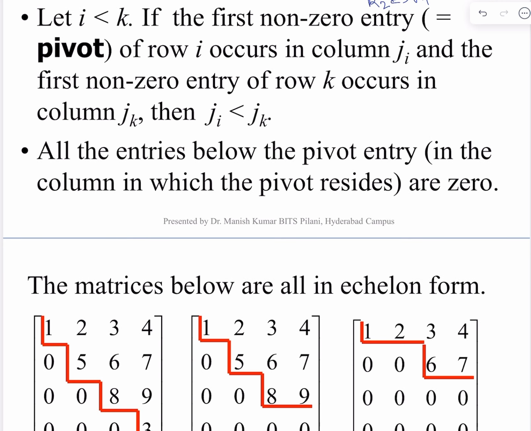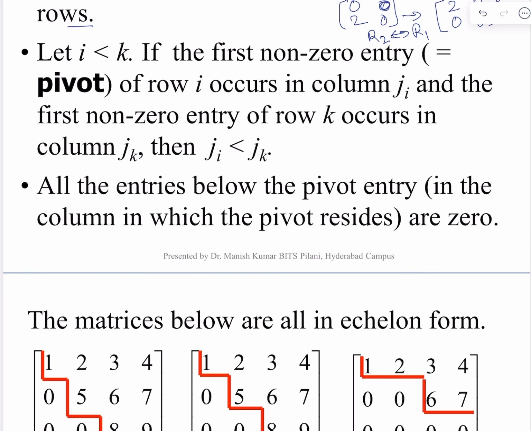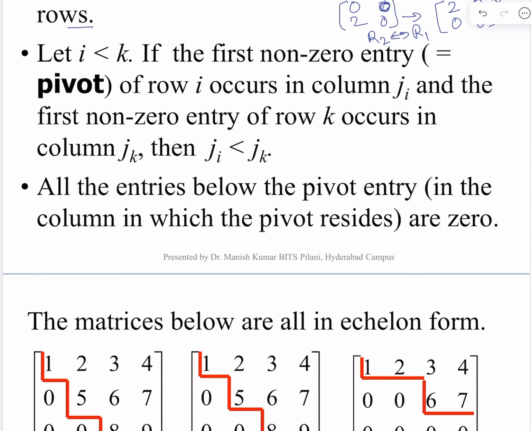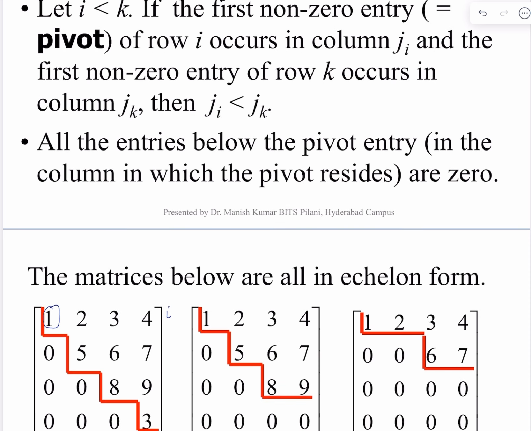Now if you see it here, i is less than k, first non-zero entries. This is your i, and then k will be somewhere here, and so on. So i is less than k: i is 1, the first row, and k is the second row, right?